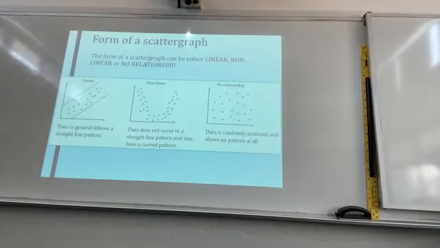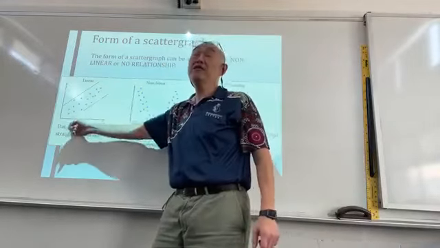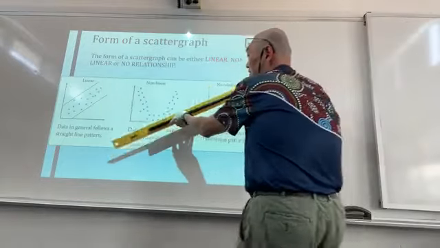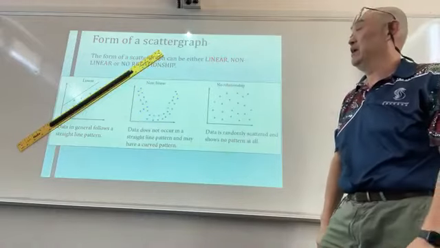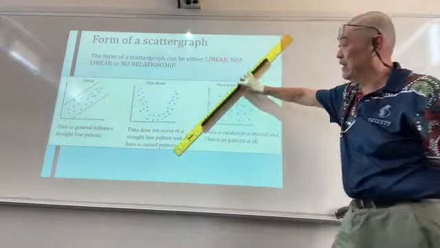Now, the form of a scatter graph can be linear, non-linear, or totally no relationship at all. All right? You can see that the first graph, the one to the left, is pretty linear. You can more or less fit a straight line in. I can put a ruler, and I can think of it as a straight line. Here, it's not possible to fit a straight line.